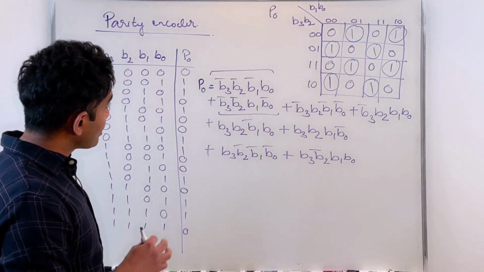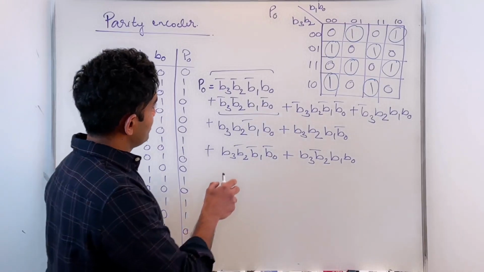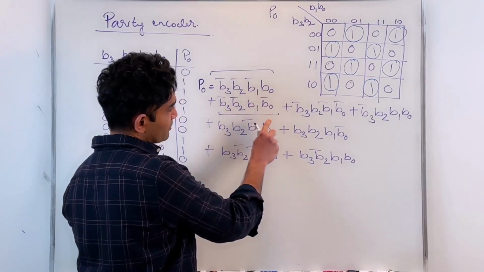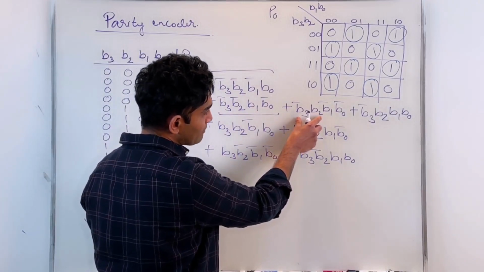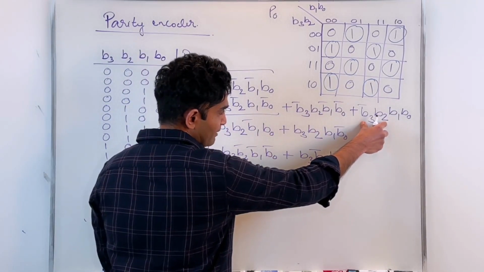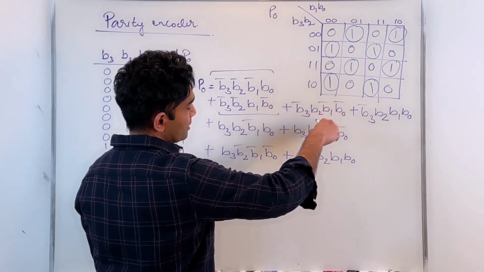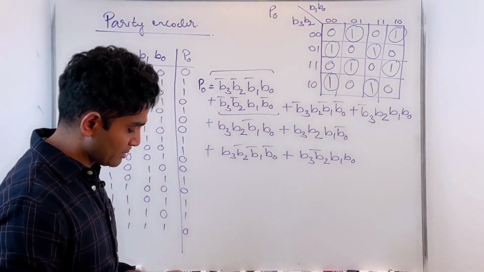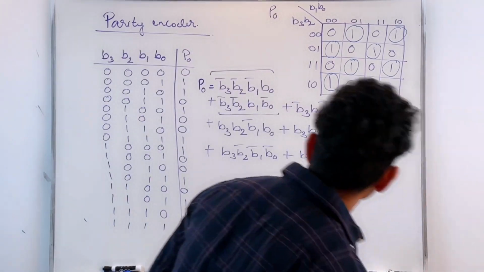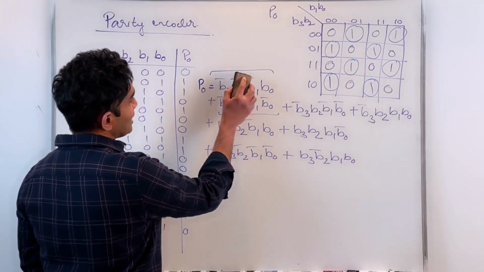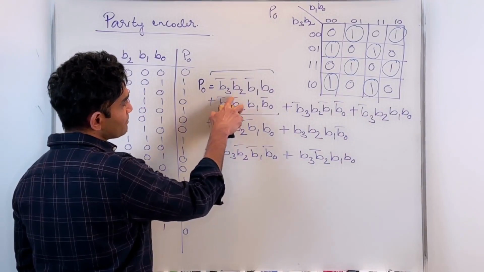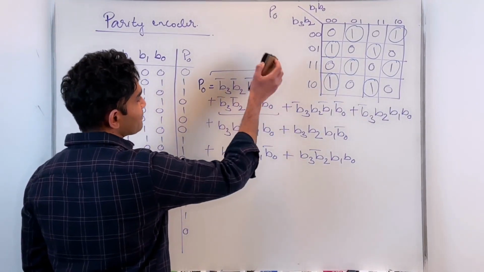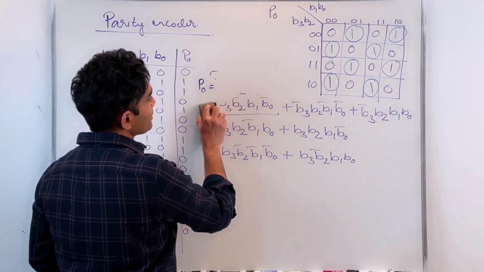So I can take that as a common factor, and express this as B1' B0 plus B1 B0'. Likewise, here I can take B3' B2 as a common factor, and do the same for the rest of these combinations and see what I get. In other words, I would take B3' B2', which is a common factor in both of these terms, and write this in this way.